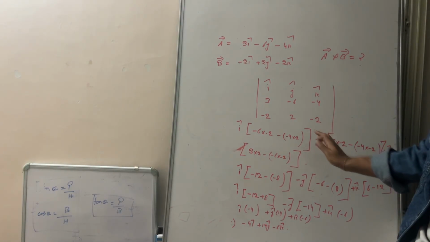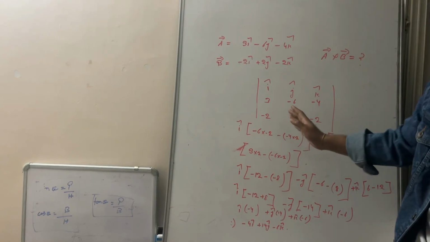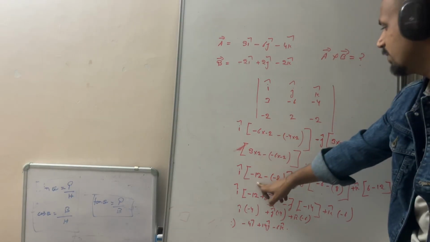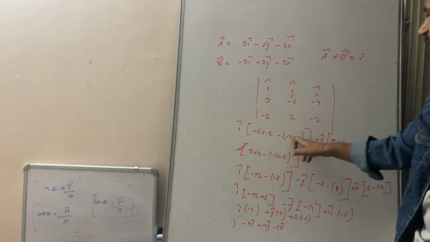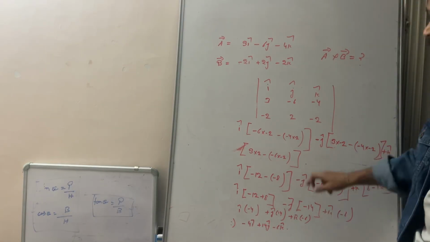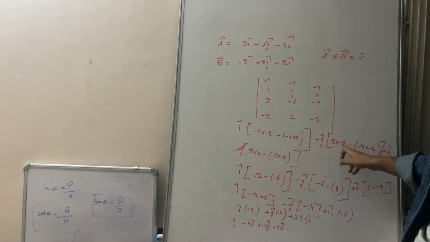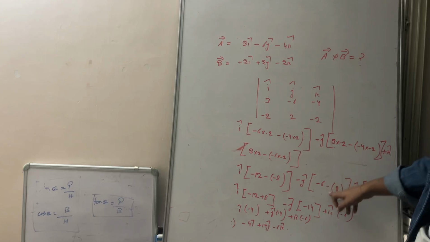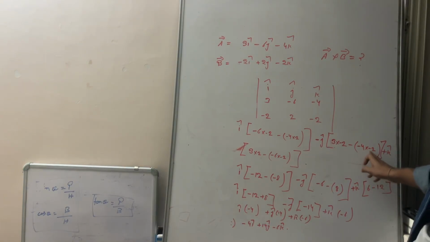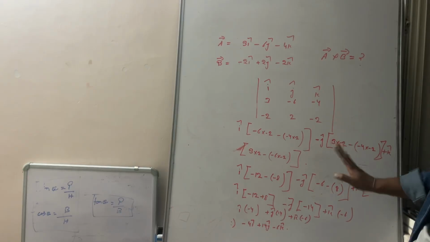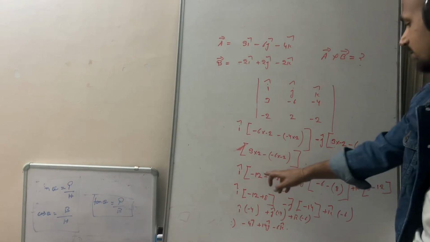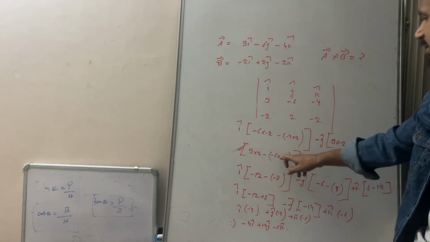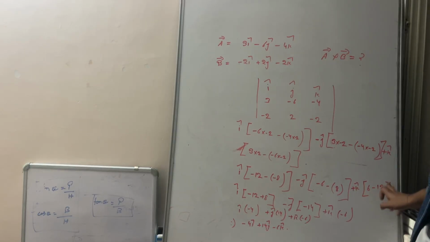To avoid confusion, use a different bracket; it will help you solve it. Now minus 6 times minus 2 is 12, minus as it is, and minus 4 times 2 is 8. Minus j: 3 times minus 2 is minus 6, and minus 4 times minus 2 is 8, bracket closed. Plus k: 3 times 2 is 6, minus as it is, and minus 6 times minus 2 is 12.